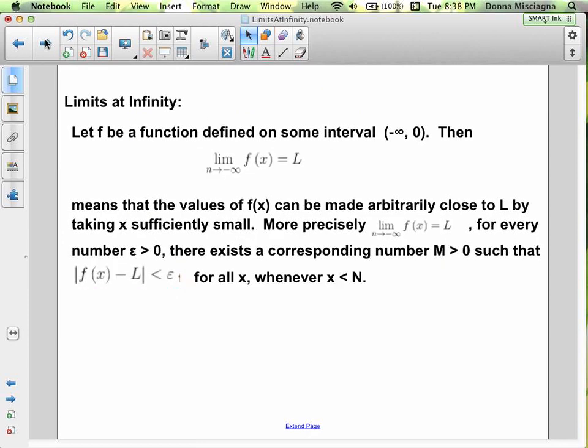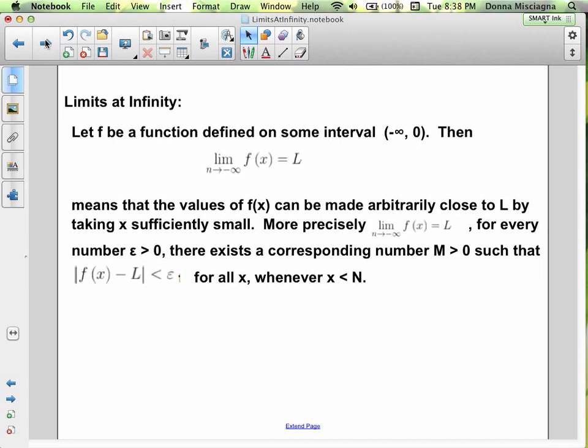And likewise, if it's a limit of f of x as x approaches negative infinity, or n, whatever variable you like, approaches negative infinity, and our function is defined on some interval from negative infinity to 0. Then the limit of f of x as x approaches negative infinity equals L means that the values of f of x can be made arbitrarily close to L by taking x sufficiently small.